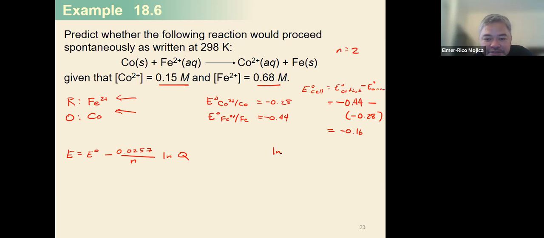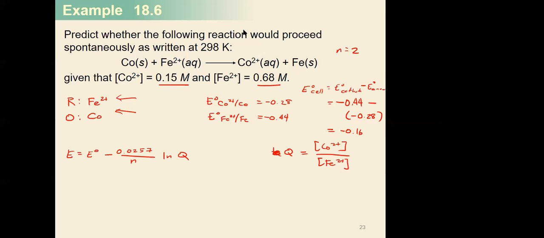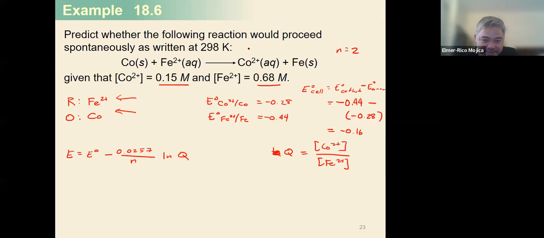Now, how will I represent Q based on the equation here? Can I say it's Co2+ over Fe2+? Does that make sense? Yes, because this is the products and this is the reactants.